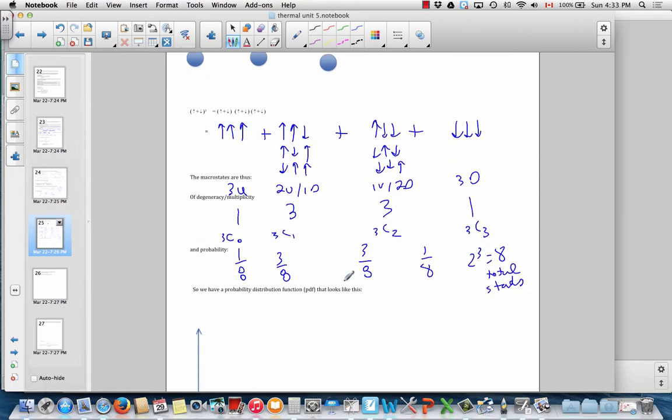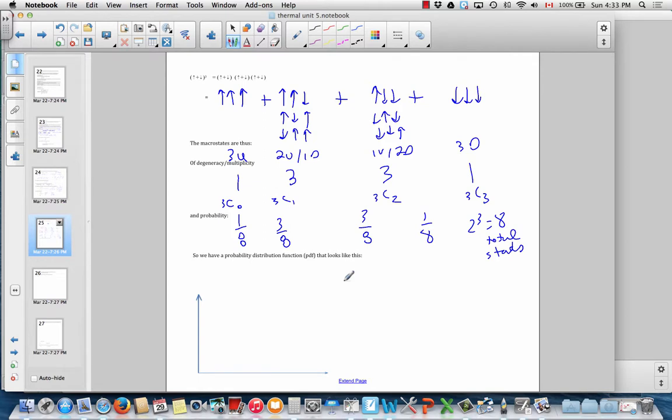So if we make a graph then of the probability distribution function, PDF, just to show how likely these various states are, 3 up, 2 up, 1 up, and 0 up. So this is like 1 part in 8 and 3 parts in 8.